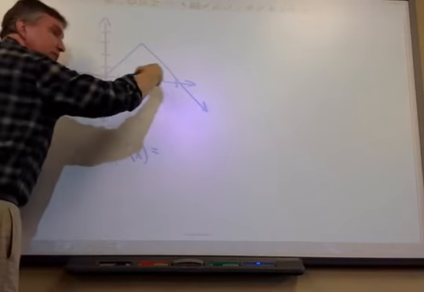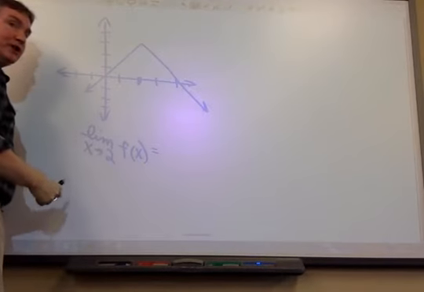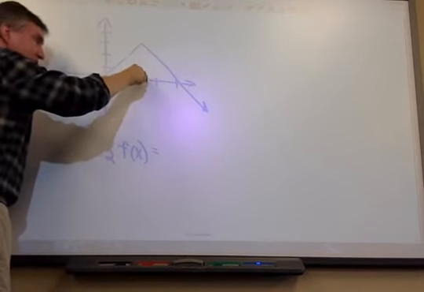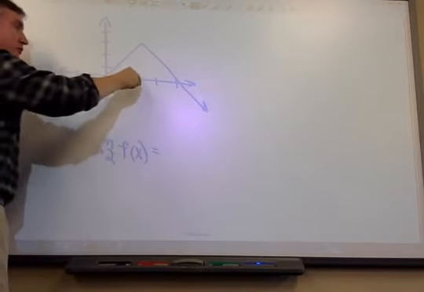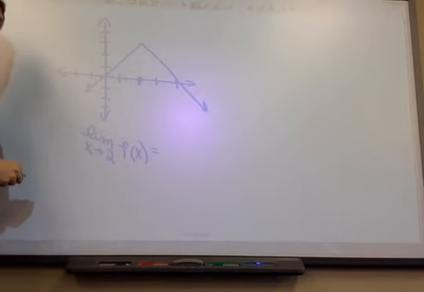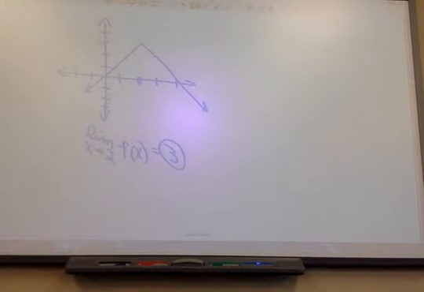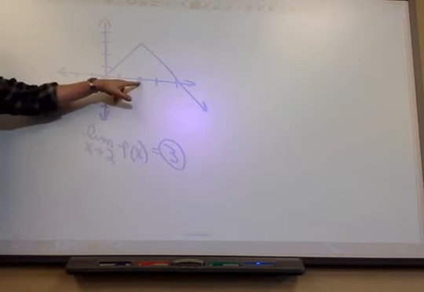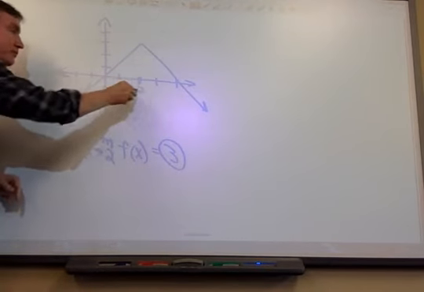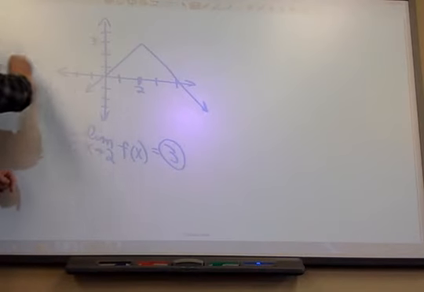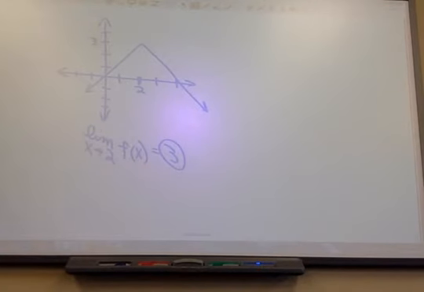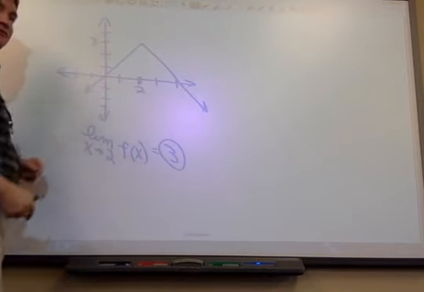If I approach from the right-hand side, if I get closer and closer and closer to 2, the y value also goes up to 3. So that limit is 3. Does that make sense? As my x gets closer to this number, there's 2, the y gets closer to 3. Have to look at both sides.